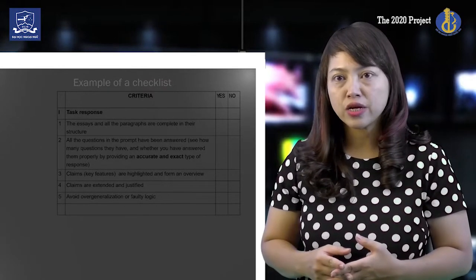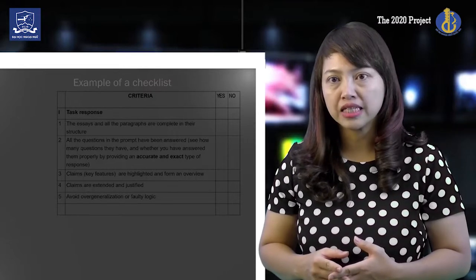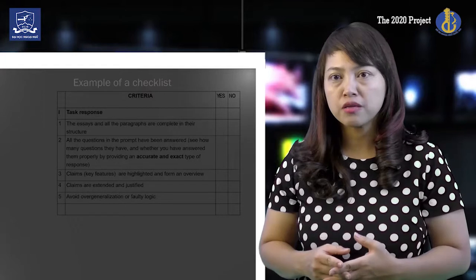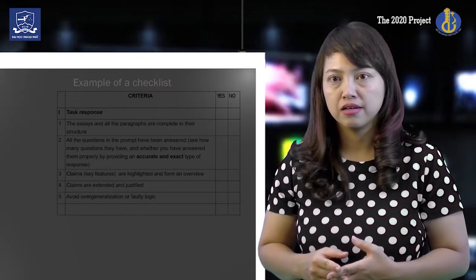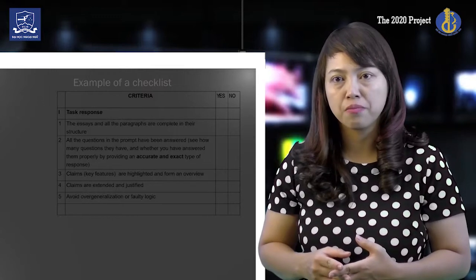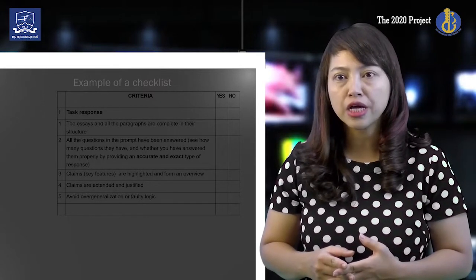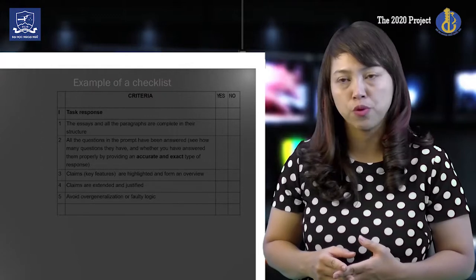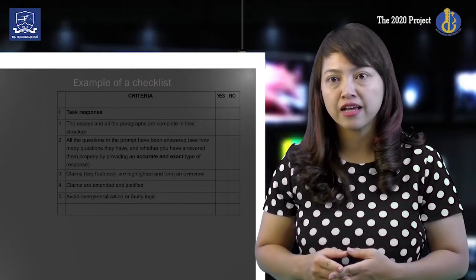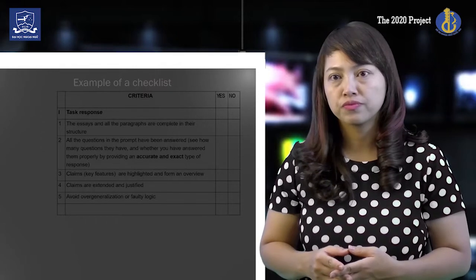The essays and all the paragraphs are complete in their structures. 2. All the questions in the prompt have been answered. See how many questions they have and whether you have answered them properly by providing an accurate and exact type of response. 3. Claims are highlighted and form an overview.